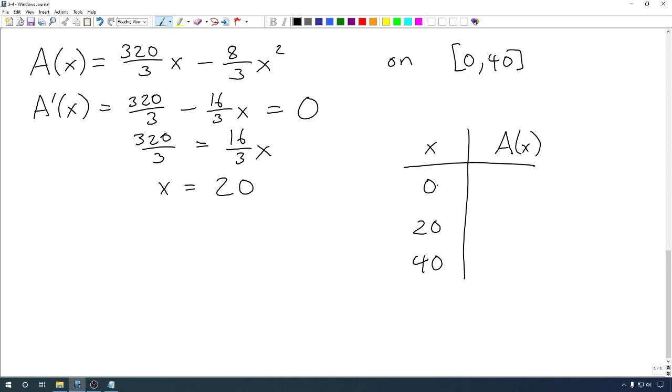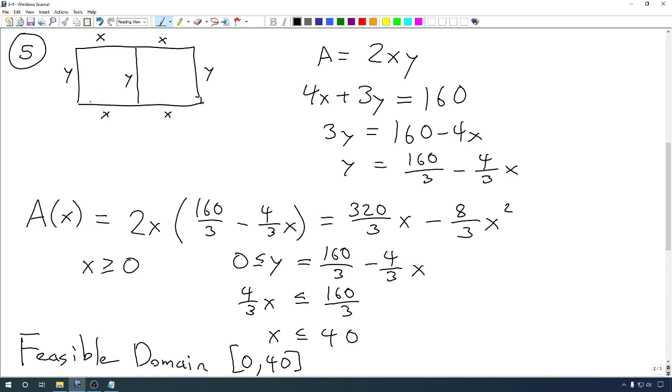In this particular case, if we plug 0 into our original A, we do get 0. Everything becomes 0 there. In fact, if we plug 40 in there, we also get 0. It's a little harder to see, but you can work it out. When x equals 0, the lengths down here become 0.